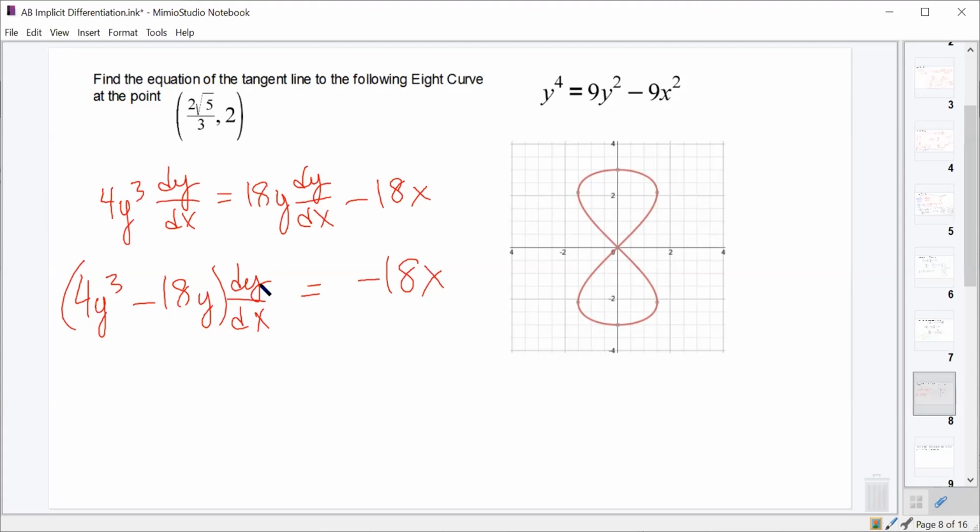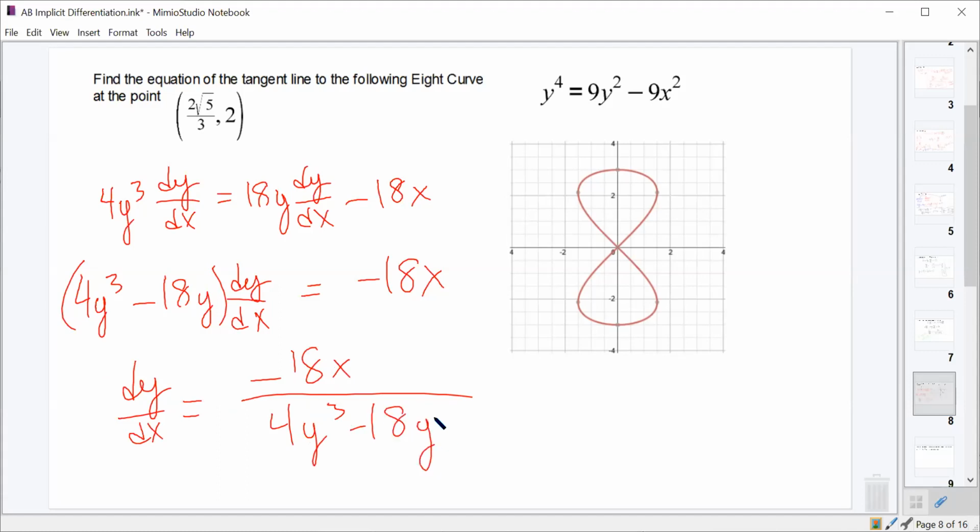And we end up with dy dx equals negative 18x over that 4y cubed minus 18y. And we want to evaluate this at what point? 2 root 5 over 3, comma 2. So what does that give us?